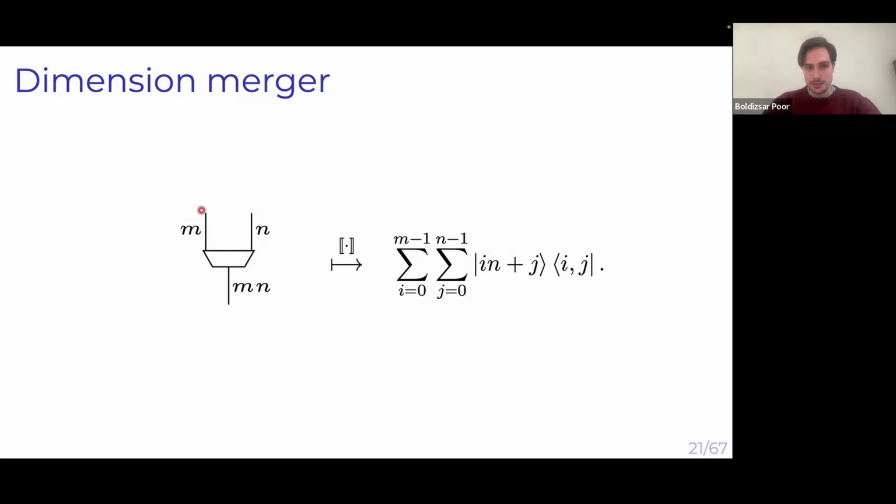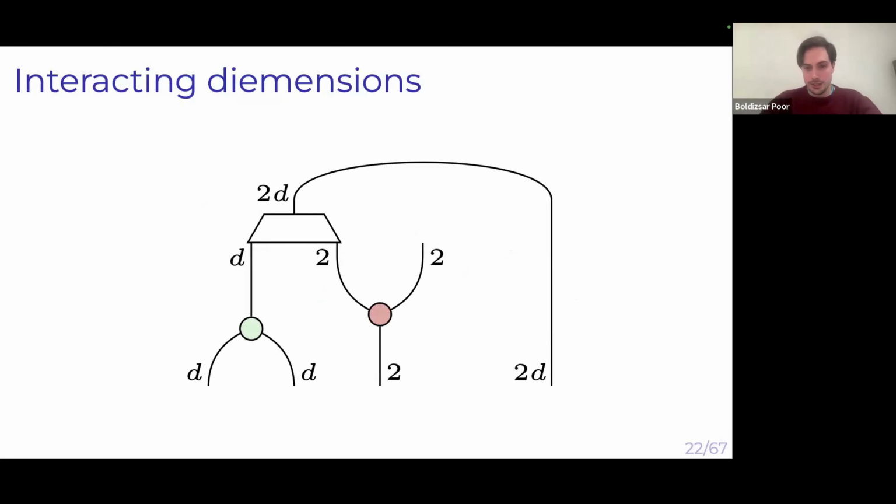And it's just going to map 2 smaller dimensions into one bigger one. So then going back to the previous example, if we have a Z spider and an X spider with the very same dimensions, then we can combine these 2 wires into a 2d dimensional wire, and then we are able to connect everything in this diagram.